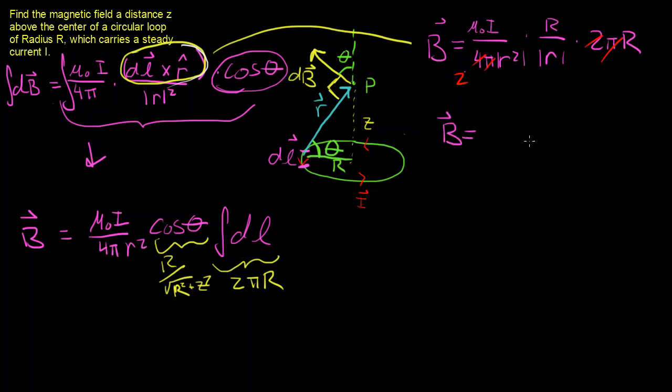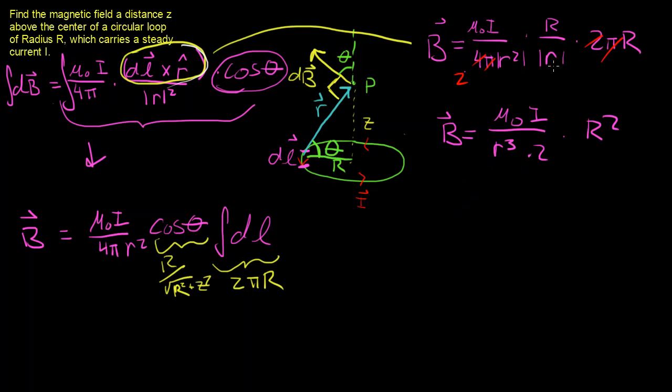B equaling mu naught I over little r cubed times 2 times R squared.